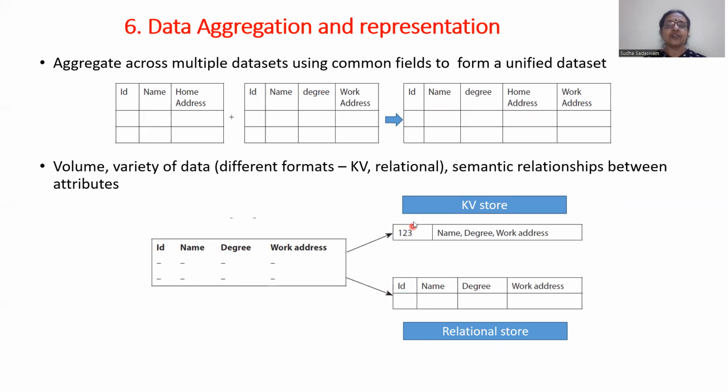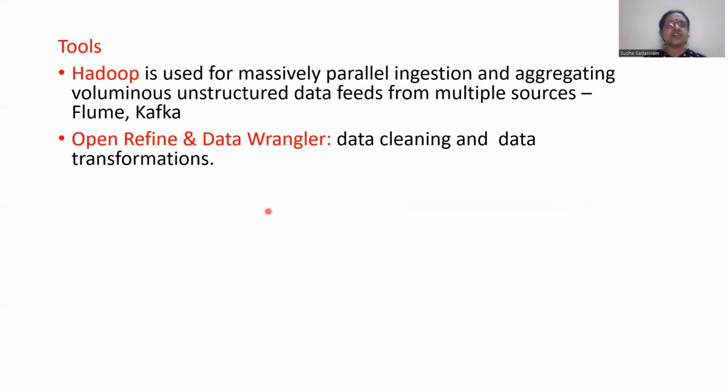The data from both these stores should be extracted and a logical view formed, so that the data regarding a particular customer can be maintained in a single logical view. That is the purpose of data aggregation. Once the data is aggregated, now the data is ready to be used for the modeling phase.